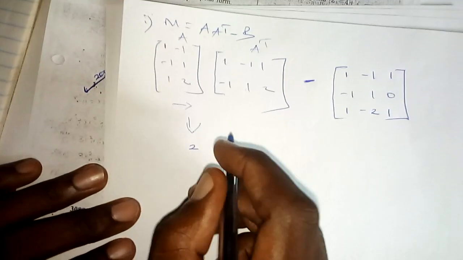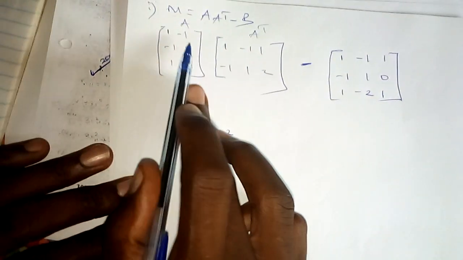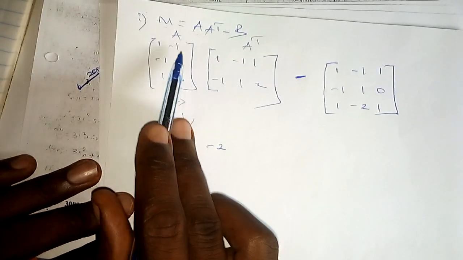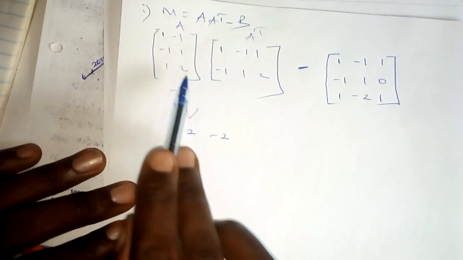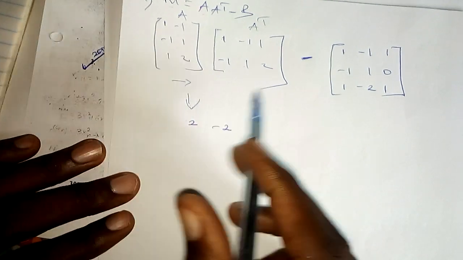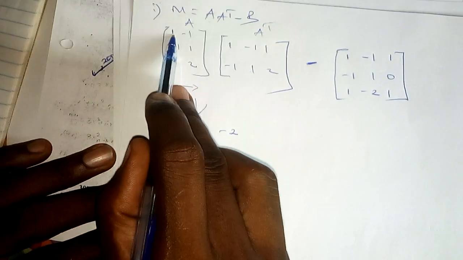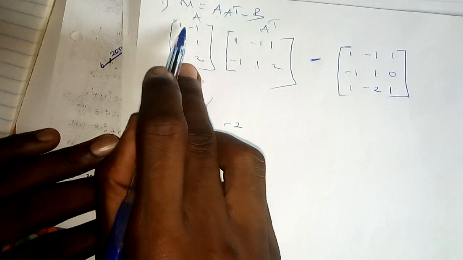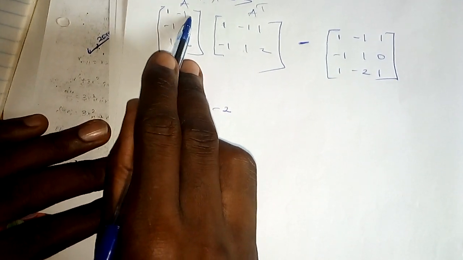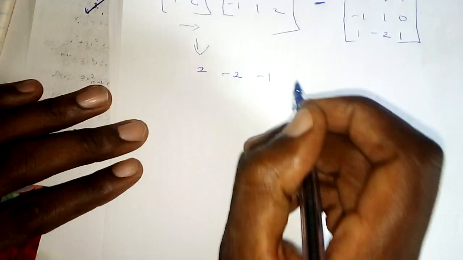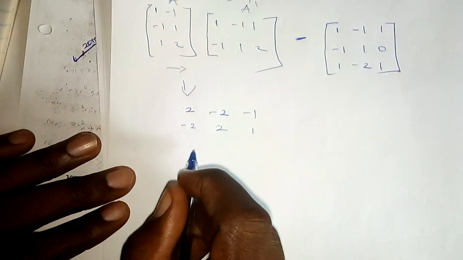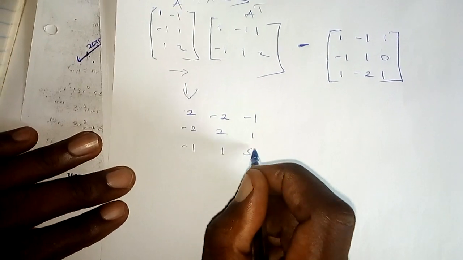It will be negative 2. For the next, negative 1 multiplied by 1, then plus negative 1 by 2, it becomes negative 1. The same you apply to get the rest: 2, -2, -1, -1, 1, 5.